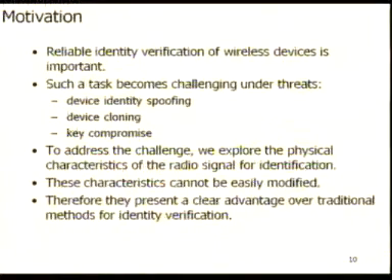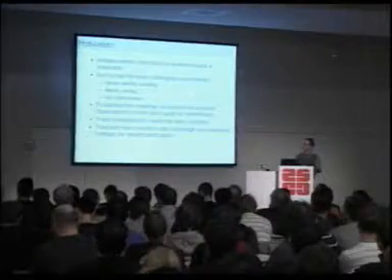So what is the motivation for looking at identical devices? We would like to have reliable identity verification of wireless devices for various reasons. We want to detect illegal transmitters, and we probably want to detect if someone has spoofed your MAC address and is trying to pretend to be you. It can also be used for device cloning or key compromise.